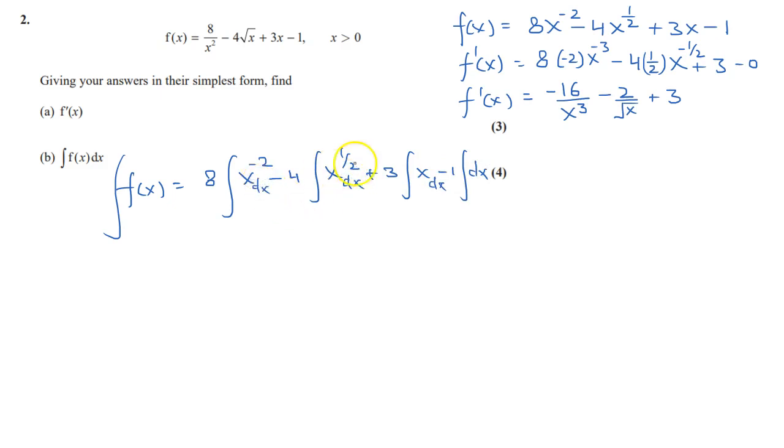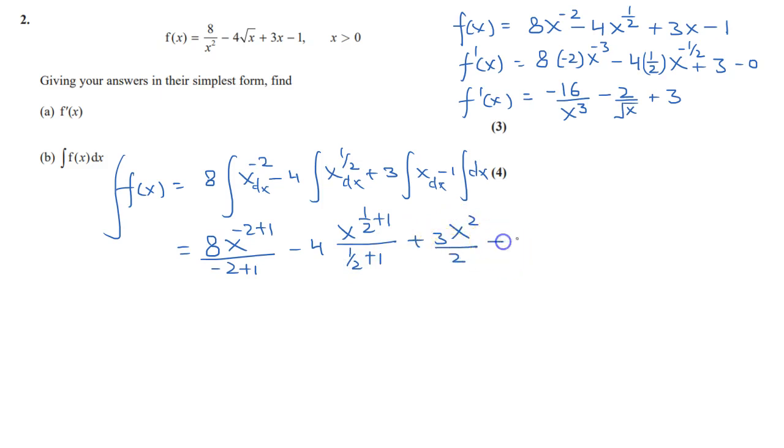It's good if you write it, if you don't write it's okay. So that is 8 x to the power minus 2 plus 1 over minus 2 plus 1, minus 4, x to the power half plus 1 over half plus 1, plus 3, x to the power 1 plus 1 over 1 plus 1, minus 1 x plus c.